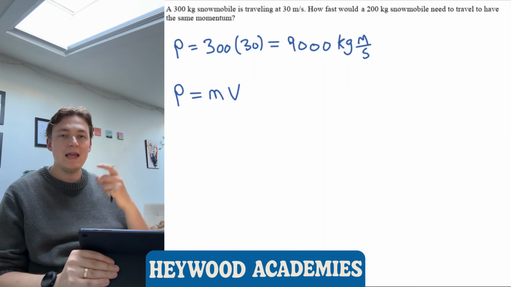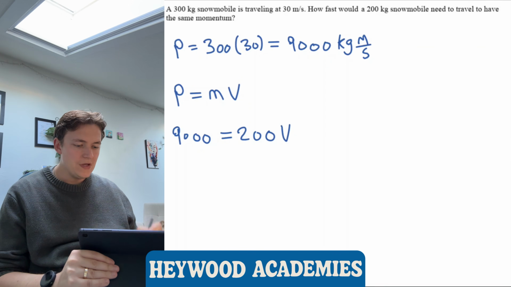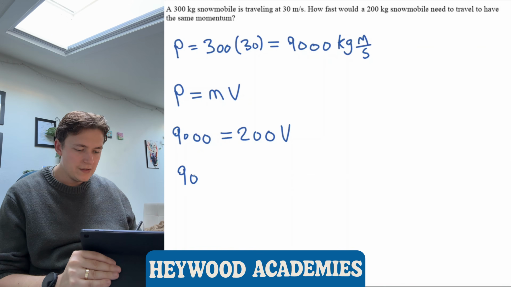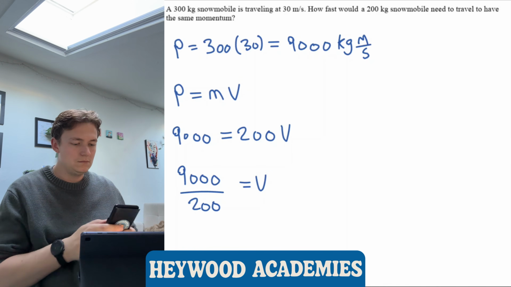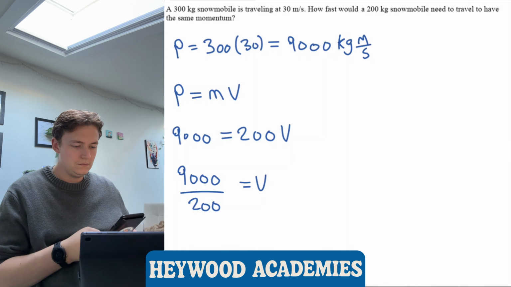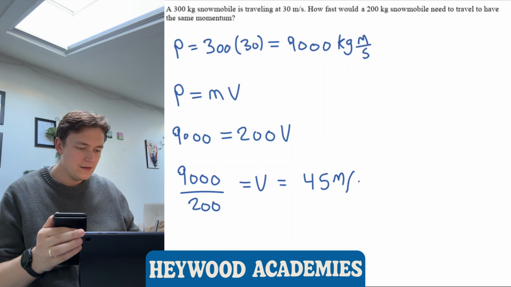We want it to have the same momentum as the other one, so we can plug in that 9,000 kilogram meters per second, and its mass is 200, so then we can divide both sides by 200 to solve for the velocity. Alright, so we plug that in, we get 45 meters per second.